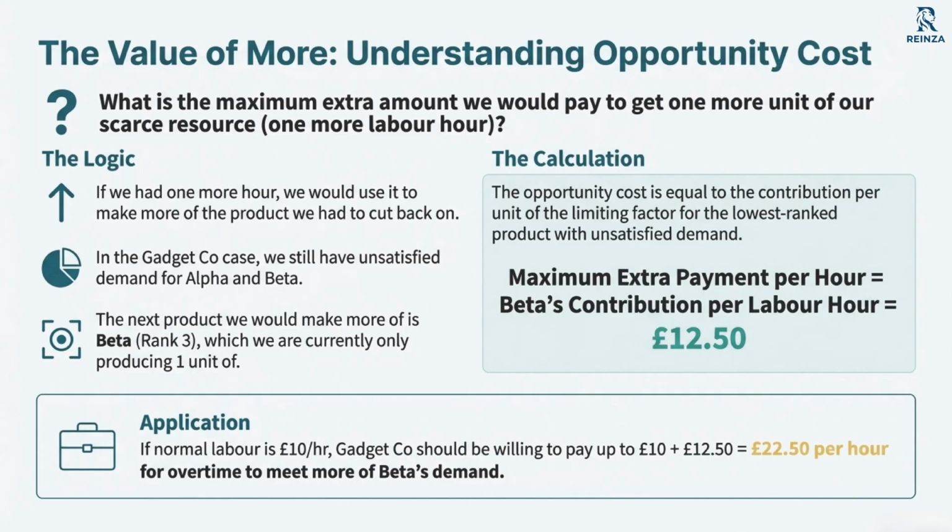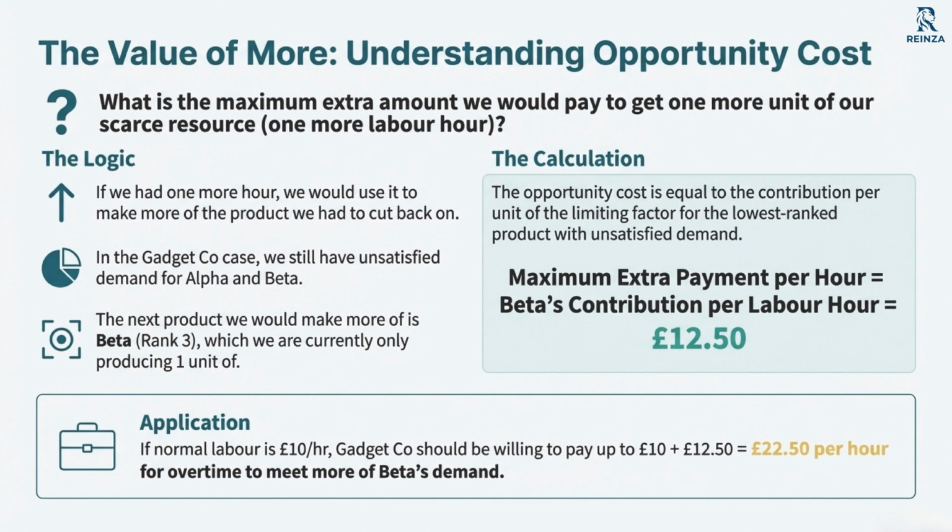The formula is straightforward. The maximum extra payment per unit of limiting factor equals the contribution per unit of limiting factor for the lowest ranked product that still has unsatisfied demand. In our case, beta has a contribution of £12.50 per labour hour. This means Gadget Co. should be willing to pay up to £12.50 per hour above the normal labour cost to get extra hours.